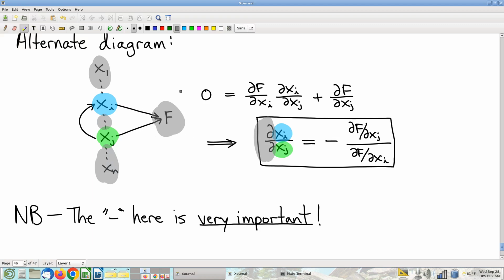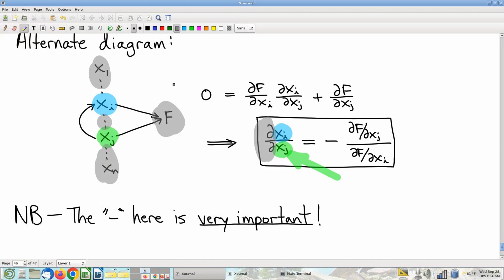So if I were to take x sub j and start wiggling it, if I start changing x sub j, altogether, the amount that this f changes had better add up to 0. Because it's a constant. And, well, okay, how might that f change?